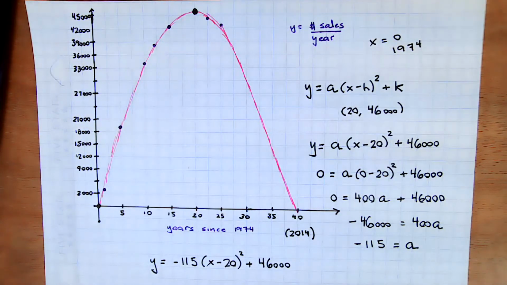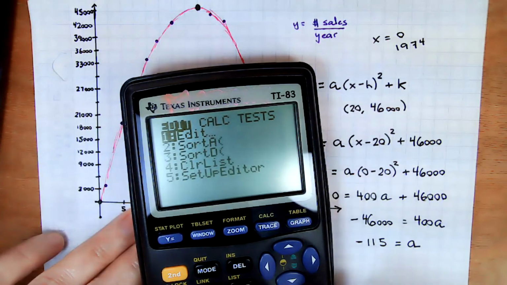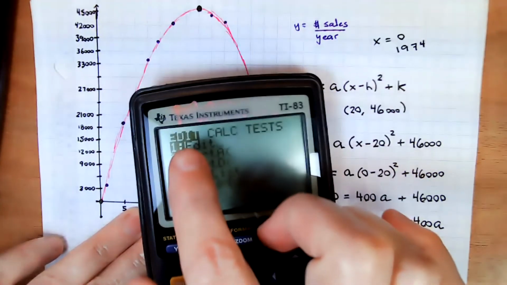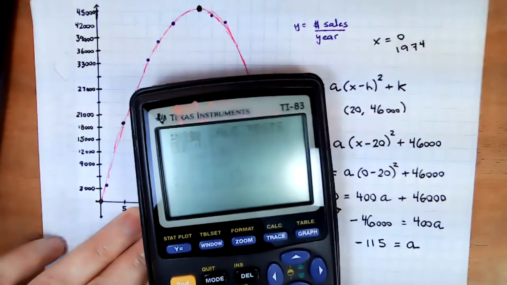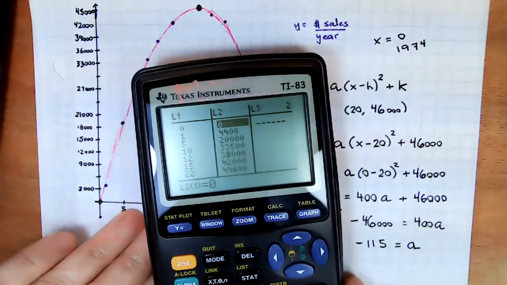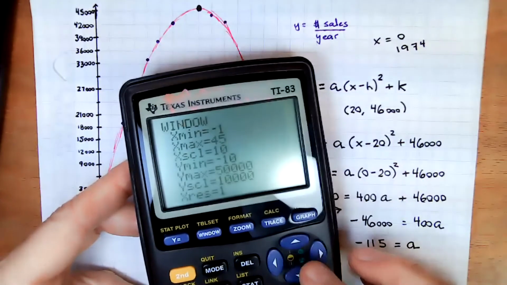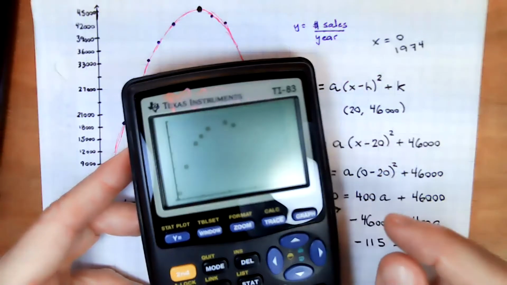All right, let me show you how you can do this with your graphing calculator. So if you hit the stat button, you'll get this menu, hit edit, and then you can enter your data in that menu and then graph it. You'll have to change the window to be an appropriate window for your particular data set.